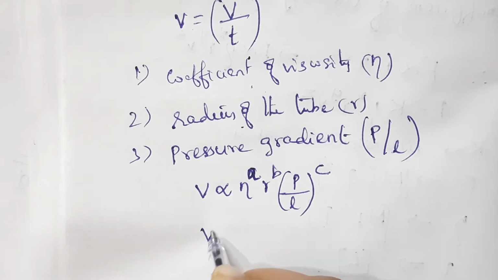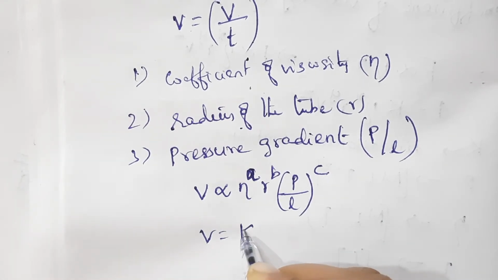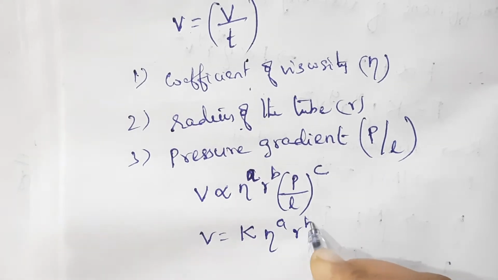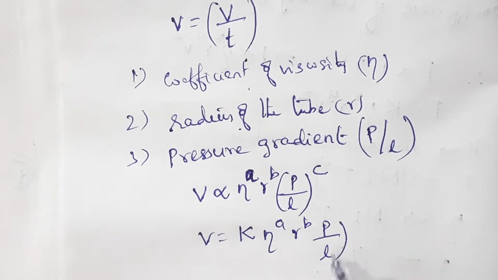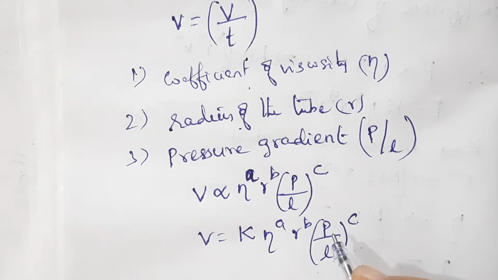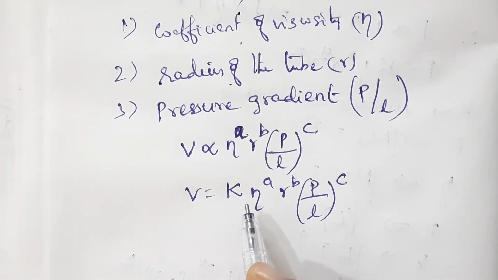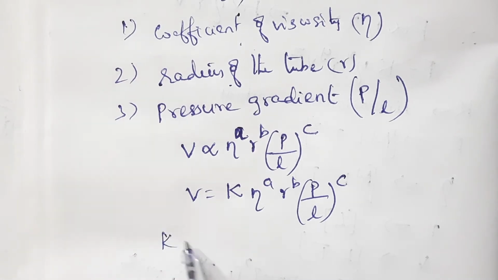It can be written as V equals a dimensionless constant K into eta power A, R power B, and P by L the whole power C. Obviously, K is a dimensionless constant, K has no dimension.